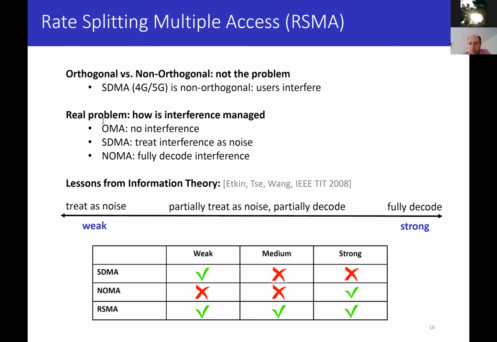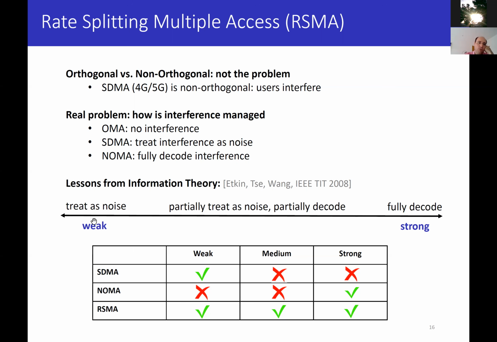OMA, there is no interference because you orthogonalize the resource, so you have one user per resource. SDMA, you try to treat any residual interference as noise. That's what you do at the receiver. NOMA, you try to fully decode interference. One user has to fully decode the message of the other users. And what we know from information theory, from the work by Etkin, Tse and Wang in TIT 2008, is that the strategy you use depends on how strong the interference is.